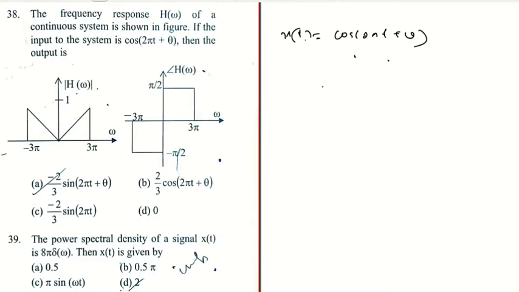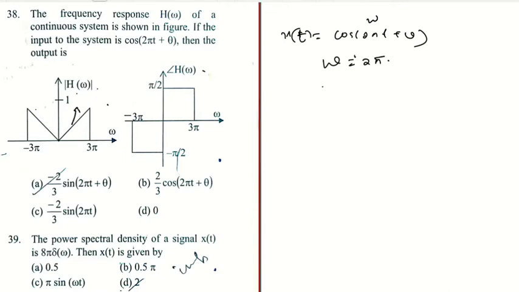As far as we are concerned, we are looking for what response this system is going to give to our input signal, which has omega equal to 2 pi. This is omega t, that is, omega is equal to 2 pi. So actually we are concerned about this part only.